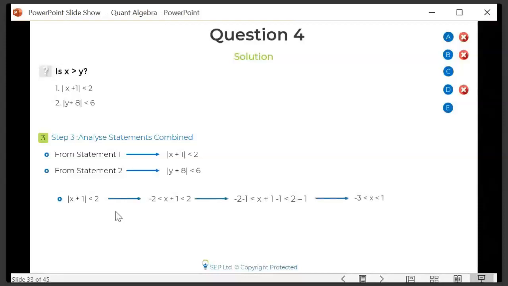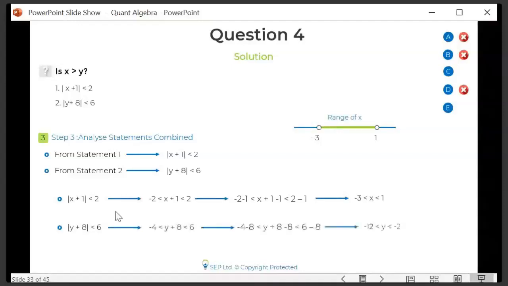Similarly, you can come up with the second statement, which is mod of y plus 8 is less than 6. Here also is a less than sign, so you do the same thing. You take both sides, subtract the value, and then take the range. If you take the range, I think there's a mistake here, guys. Just one sec.